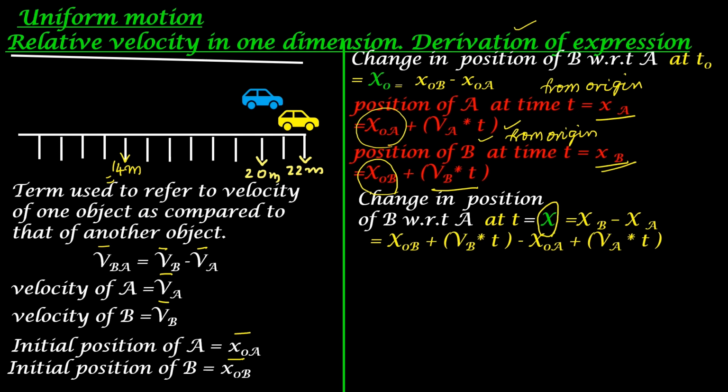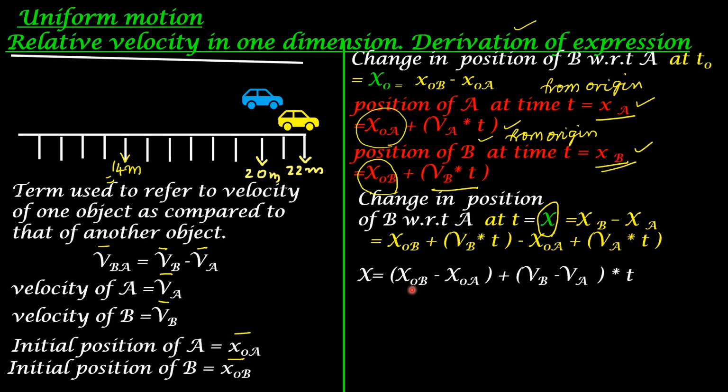So we simply substitute that. xb is x naught B plus VB multiplied by t, minus xa, which is x naught A plus VA multiplied by t. This can be further written as change in position of B with reference to A at t, equal to x, is equal to x naught B minus x naught A plus VB minus VA multiplied by t.